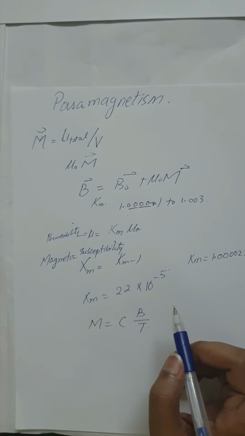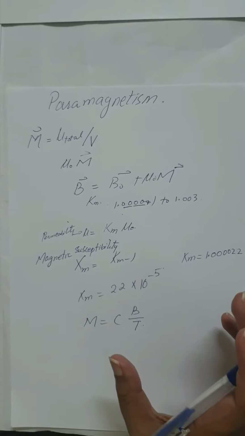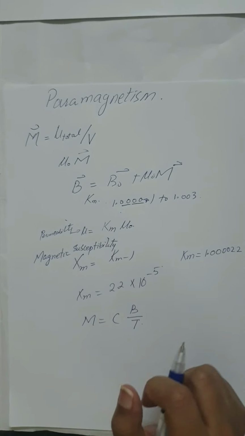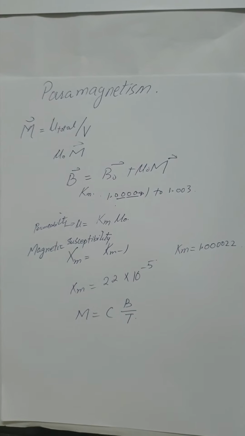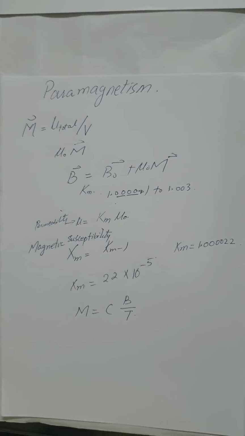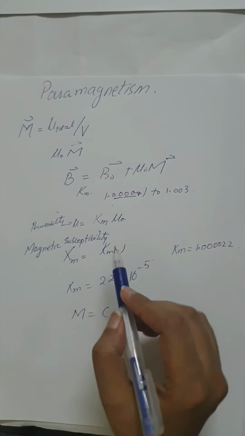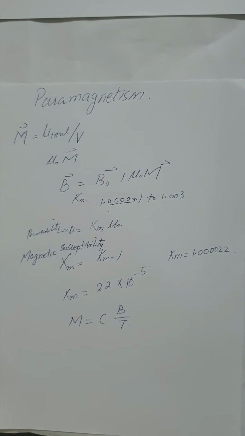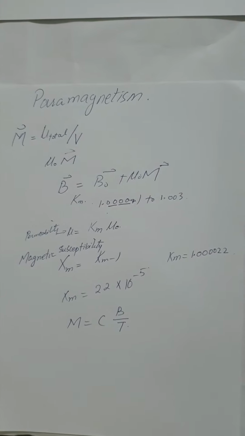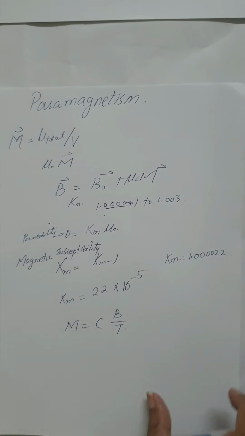That's why a magnet cannot be used to pick up objects made of paramagnetic substances. But at very low temperature, the thermal effects are reduced, the magnetization increases according to Curie's law, and the attractive forces are greater.